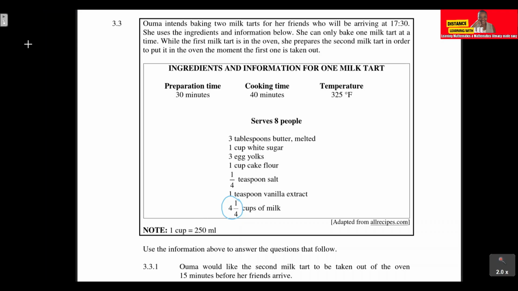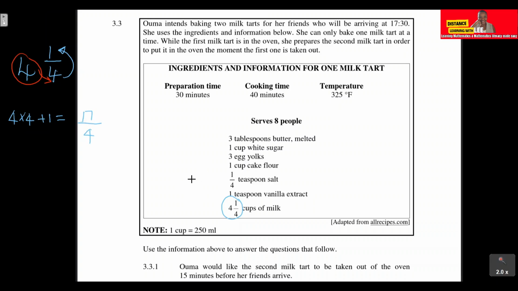But just a hack, right? If you've got 4 1/4, to convert this, you're going to take that 4 and you're going to go down. So 4 times 4, down for the denominator, and then you go up, then you plus that 1, which is going to give you 4 times 4 is 16 plus 1 is 17 over the 4, right?